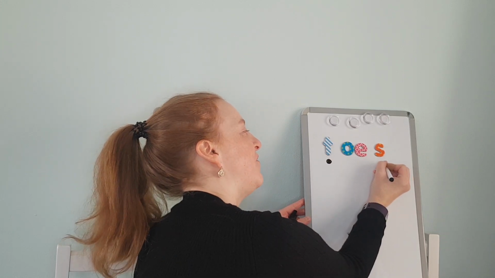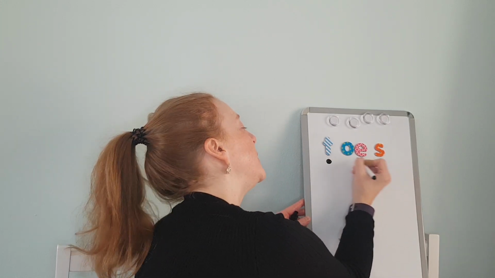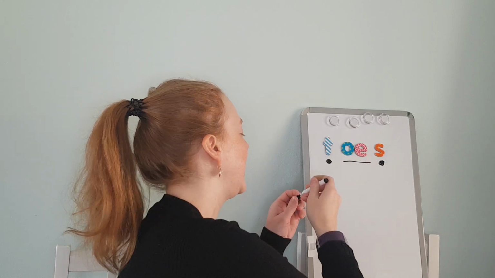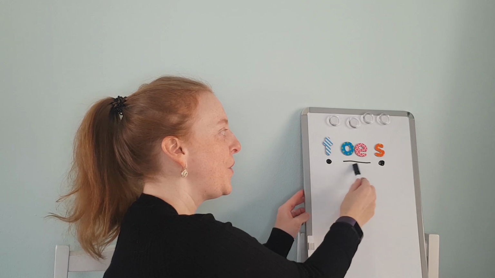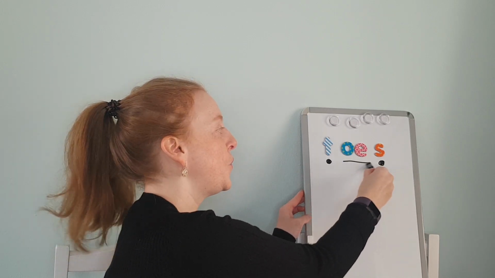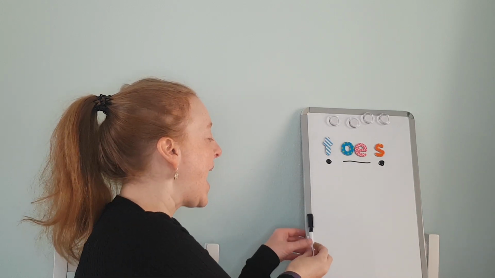So we've got a sound button, and we've got a sound button, and we've got a digraph line. Now if I touch these sound buttons, t, o, s, and you will now be able to help your child to read and write more complex, more difficult words.